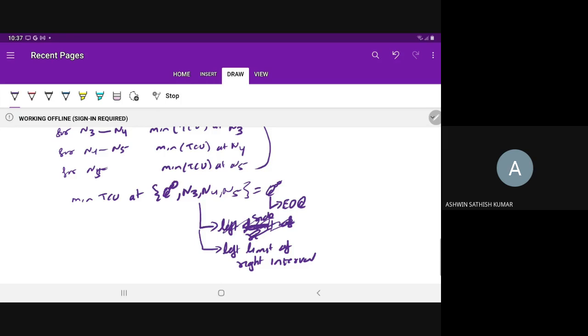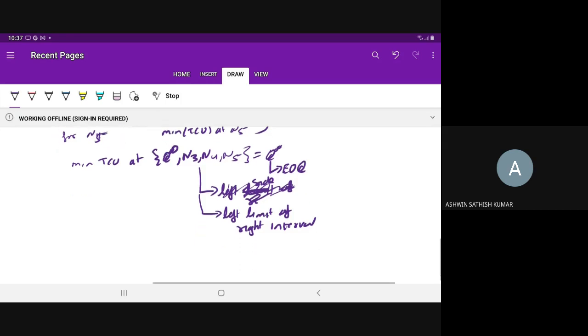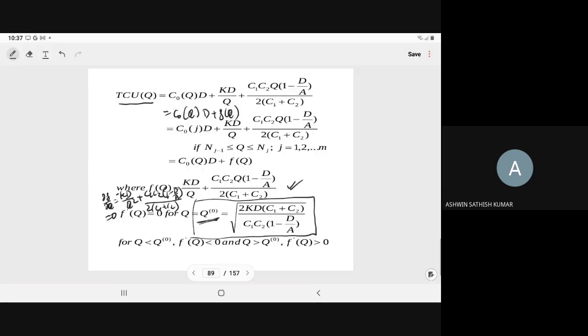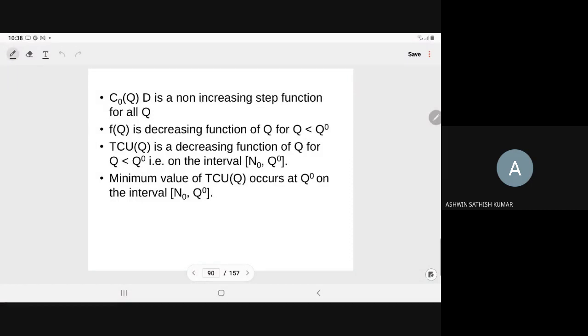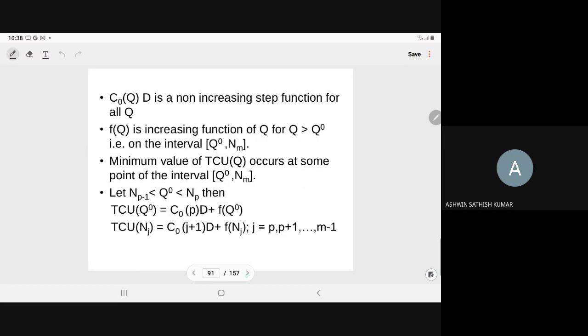It is either Q naught or the left limit of the right interval. So when we have the Q star, all this we have explained here. So in this case, C naught D is a non-increasing step function for all Q, so you can understand from here.